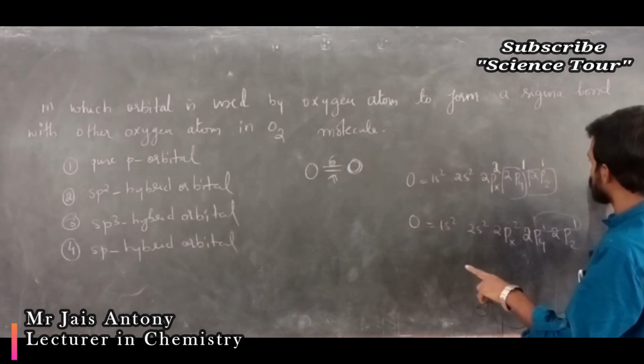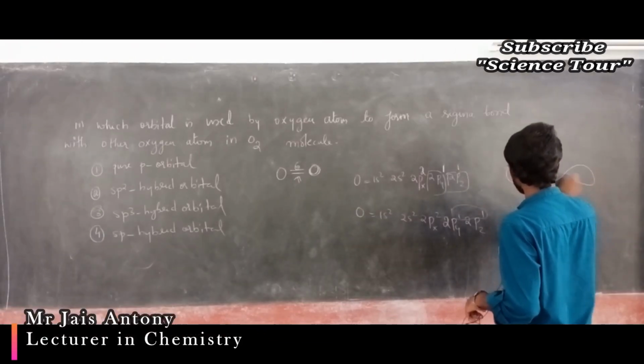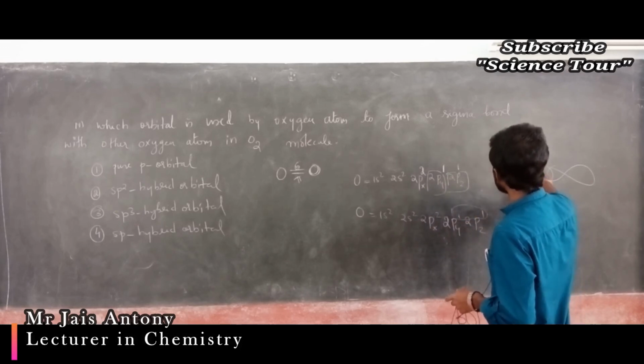One forms a sigma bond, 2pz may combine like this, so it forms a sigma bond. Another orbital is 2py, it will combine like this, it forms a pi bond.